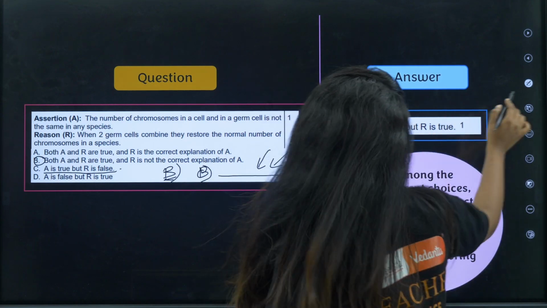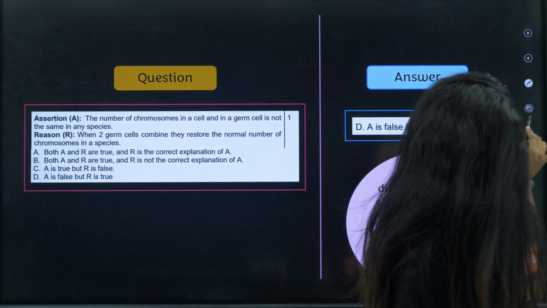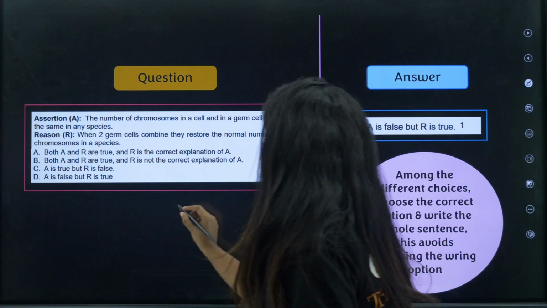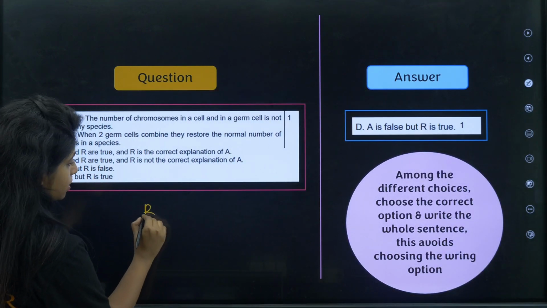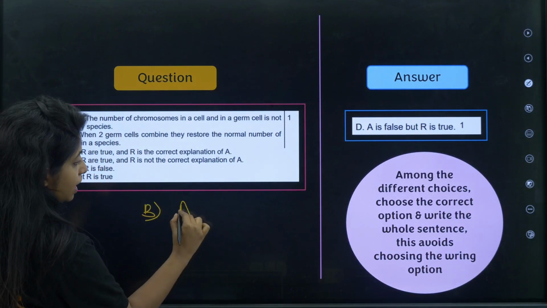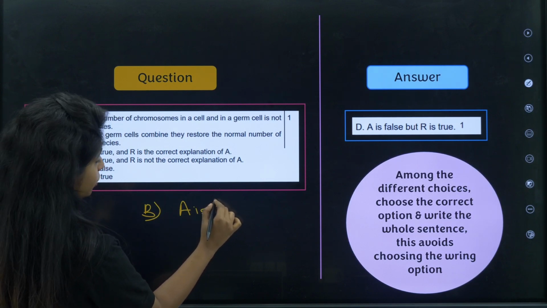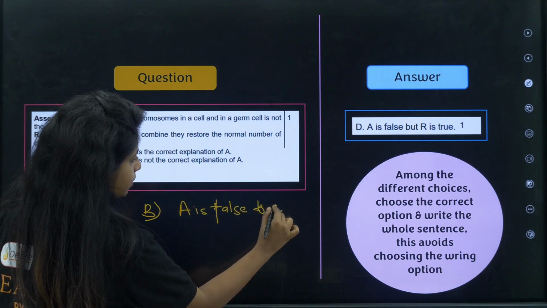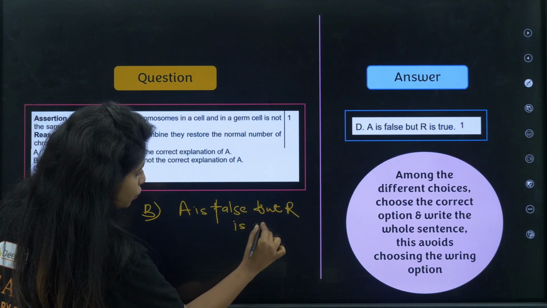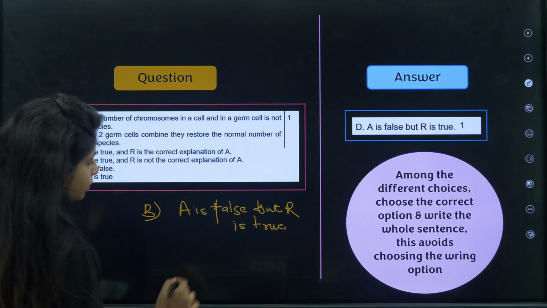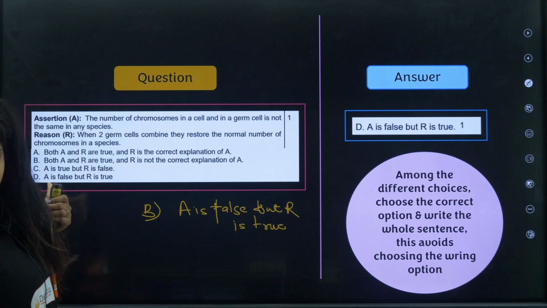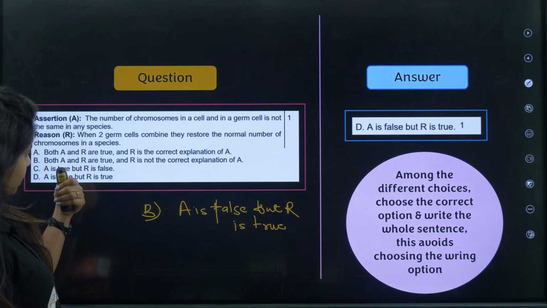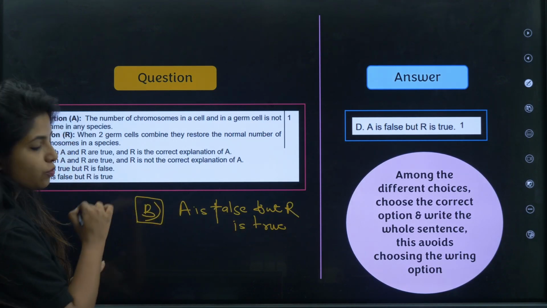I am trying to say that the chances could be that you have written B as the correct answer, and then you have written A is false, but R is true. So actually it was D. What you have written is for D, but you have written B as an option over here.